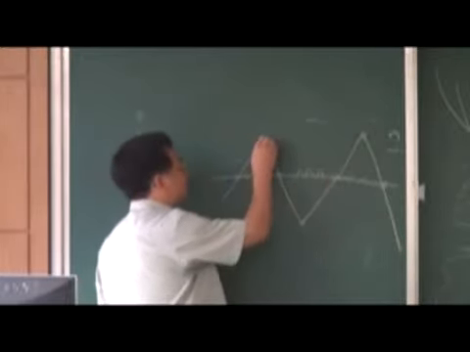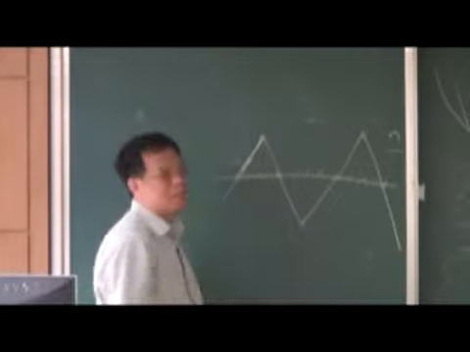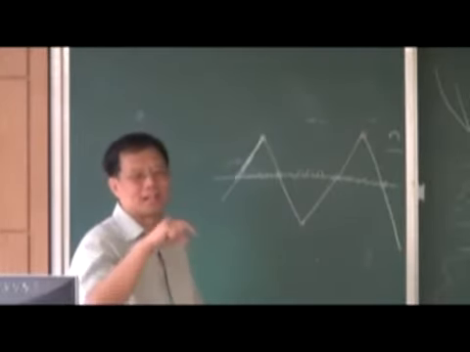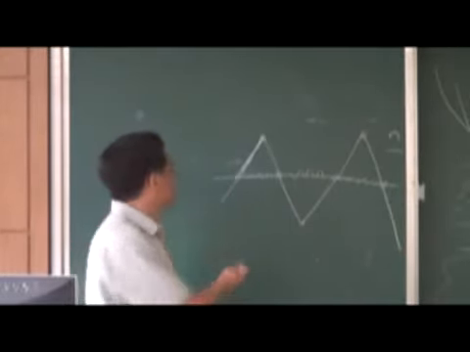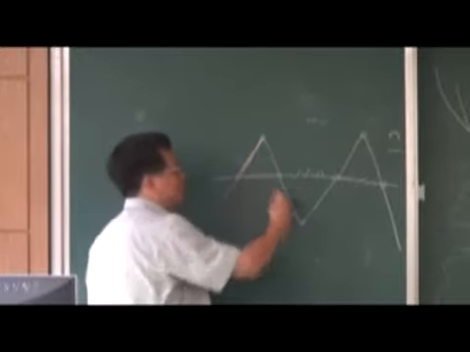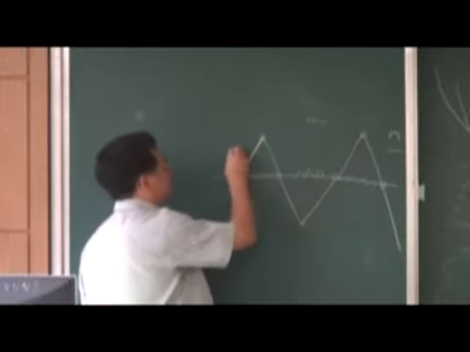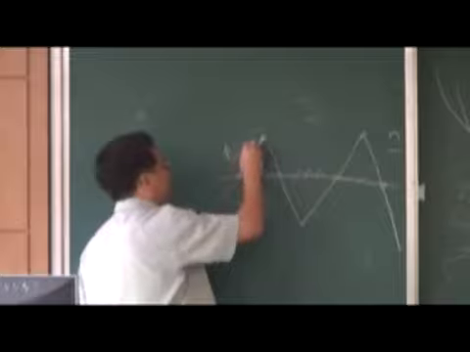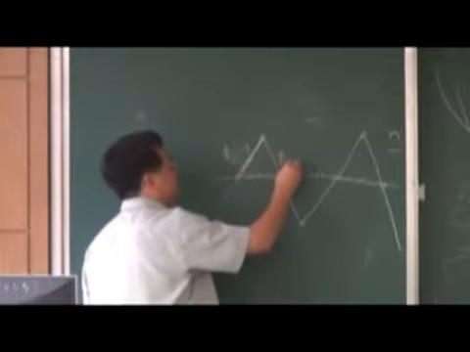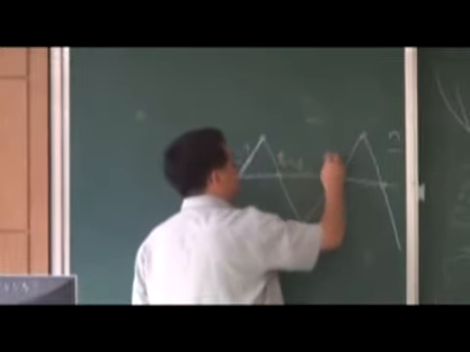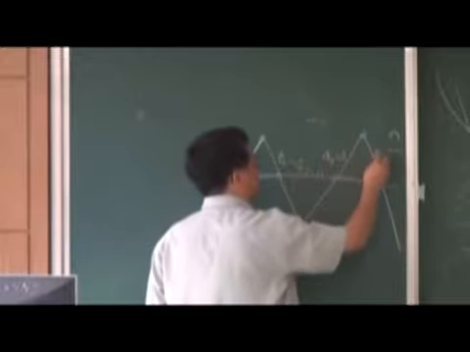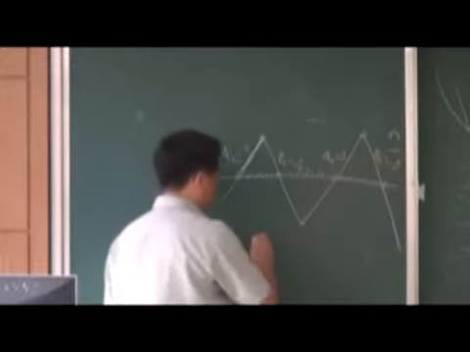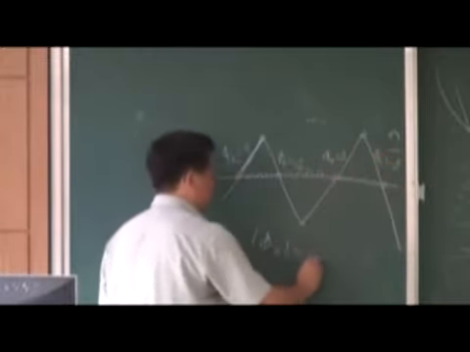But otherwise, the slope of this one is exactly equal to 1, because x equals y. So here the phi derivative equals 1, and here the phi derivative equals minus 1. But the absolute value is always equal to 1, right?